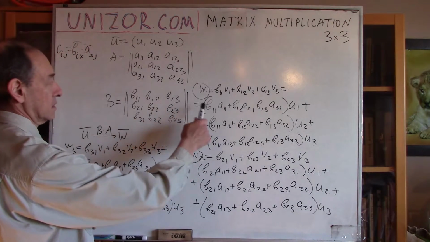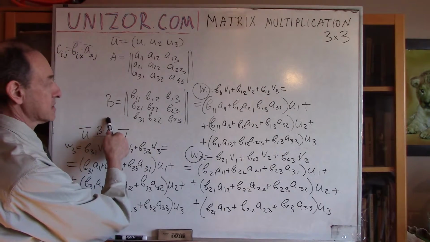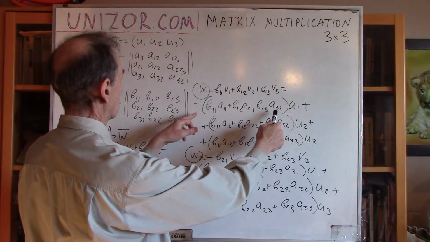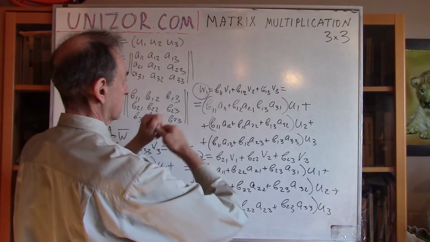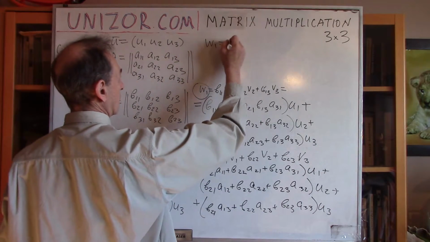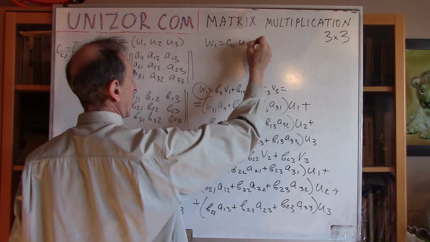Well, the matrix, which is a product of B times A, would have the coefficient at, let me write it in this way.